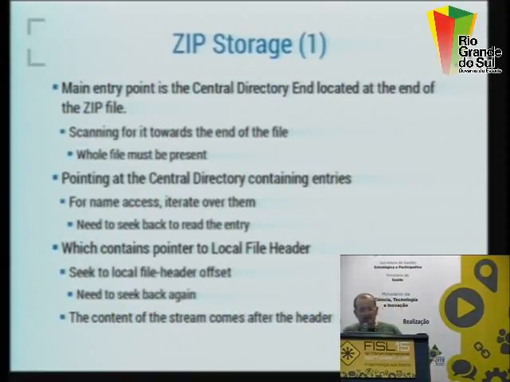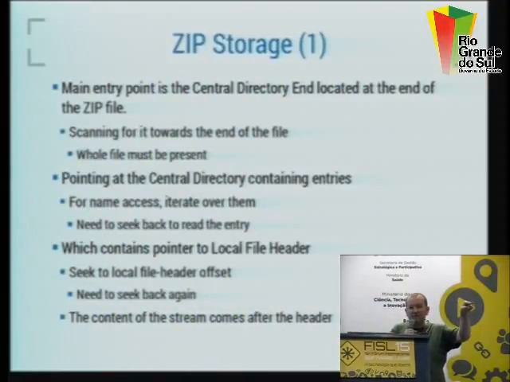And then we need to seek back again, because the actual files are before the central directory. Then the entries for each file contain something that is called a local file header. You have to seek there, and the content of the stream comes after this header.